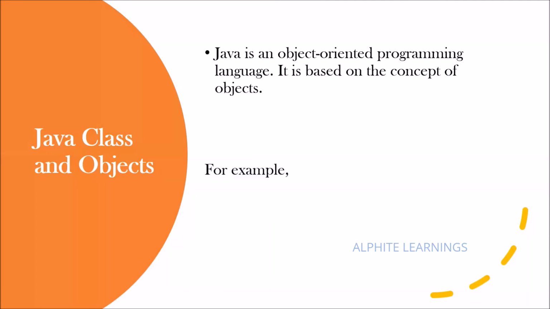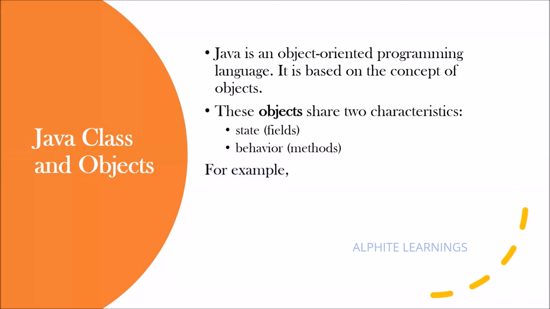As we know, Java is an object-oriented programming language, based on the concept of objects. This is what we discussed in the first class. So overall, the entire Java programming is constructed with the help of objects. If no objects, we will not get this Java structure itself. So the main blocks will be objects.